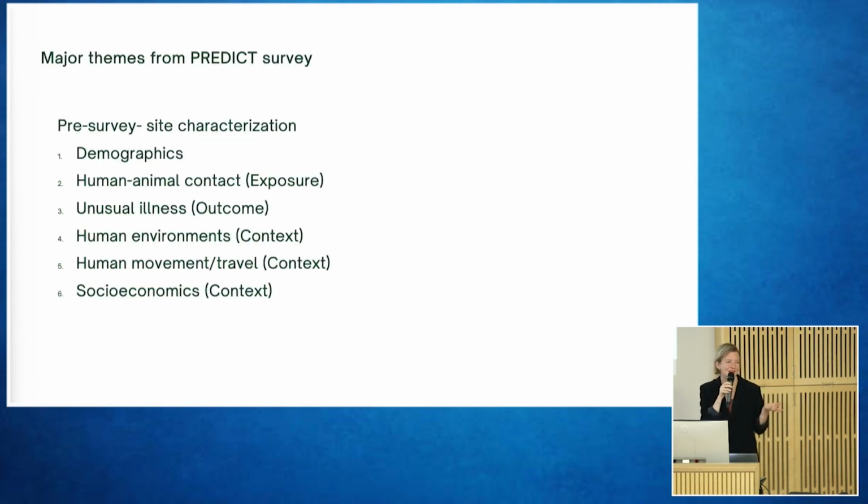Major themes for the PREDICT survey, which is really a great baseline for a behavioral risk survey, included questions about demographics, human-animal contact, unusual illness, human environments, human movement and travel, and socioeconomics. These were themes that the researchers were interested in already. And so this was part of the survey protocol design.